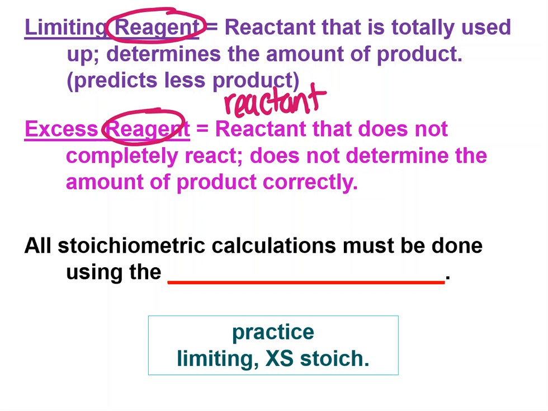Sometimes that's confusing because we determine which one is limiting based on how much product there is, but it's always referring to a reactant. Because all of the limiting reagent reacts, and some of the excess is just there and has nothing to do with the amount of product that's there, just like extra bread doesn't give you more sandwiches, all of your calculations have to be based on the limiting reagent.